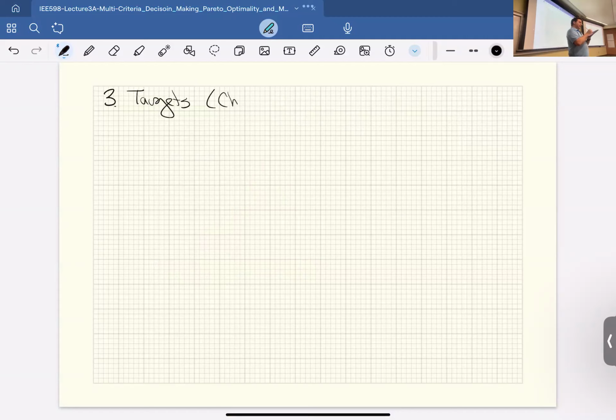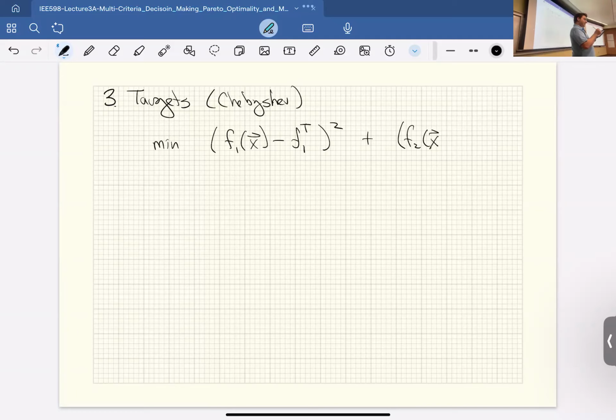You could say, I'm going to minimize, for example, f1 of x minus some f1 target, plus f2 of x minus the f2 target.